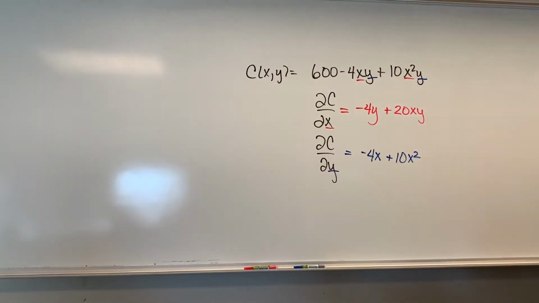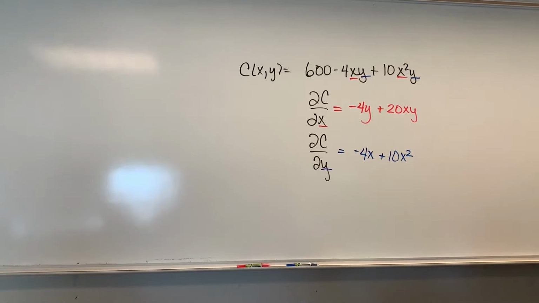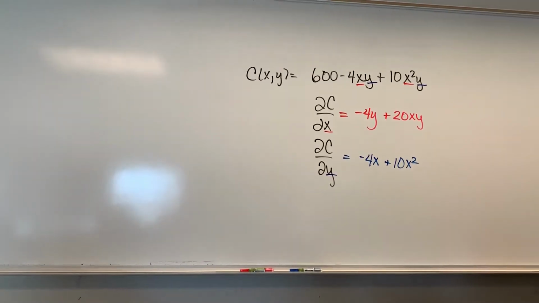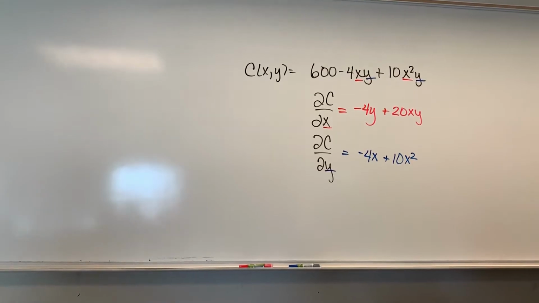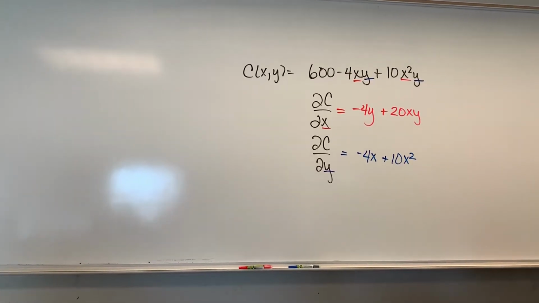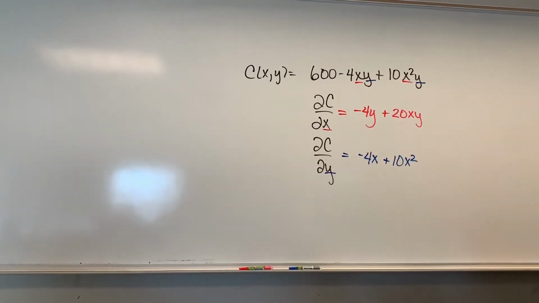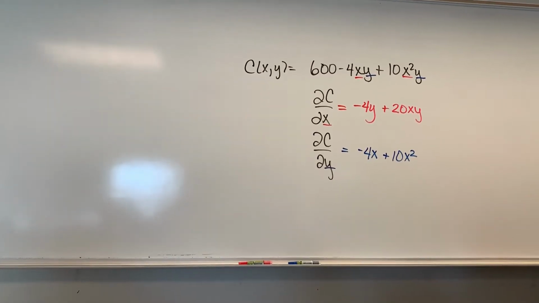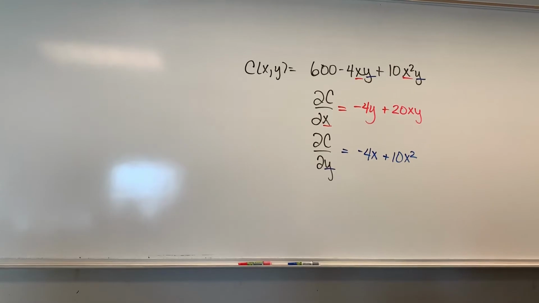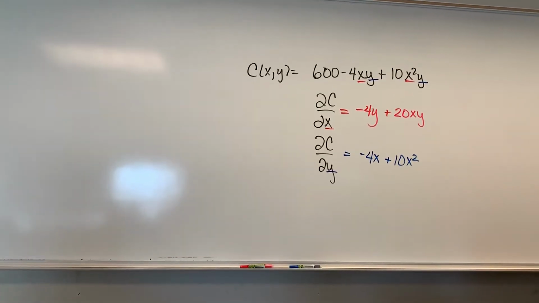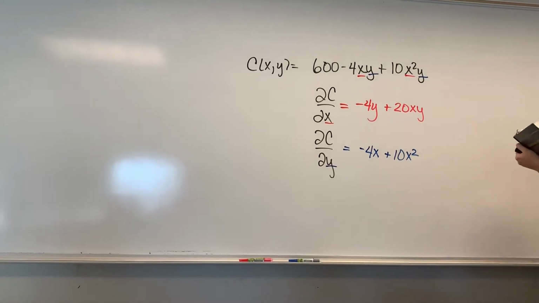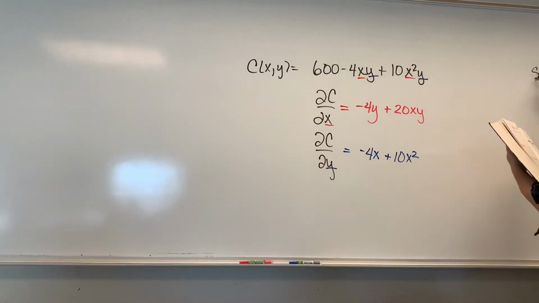Okay. Awesome. So let's take a look at number 21. Sally, you wanted 21? Okay. Find the slope of the tangent in the positive y direction to the surface z equals 3x plus 2y minus 7e to the xy at some point. So we're finding the slope of the tangent in the positive y direction.